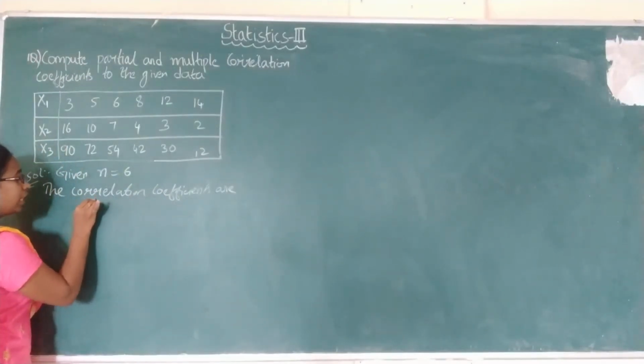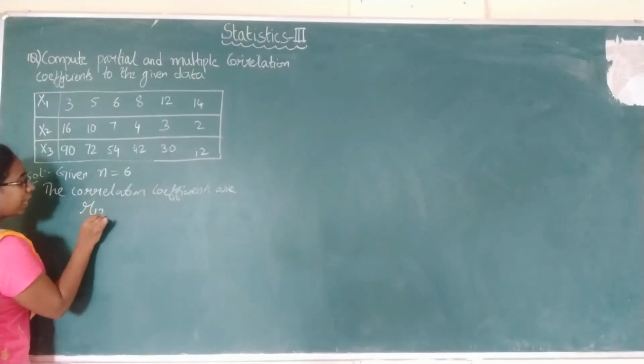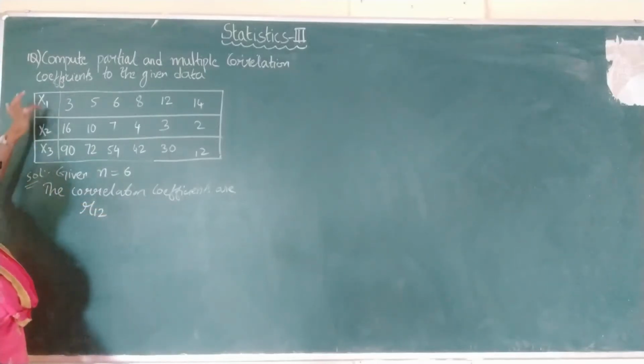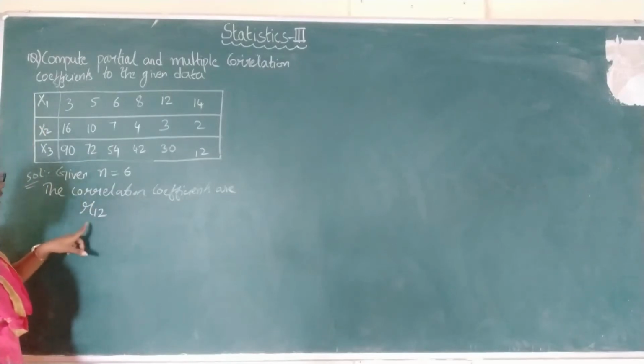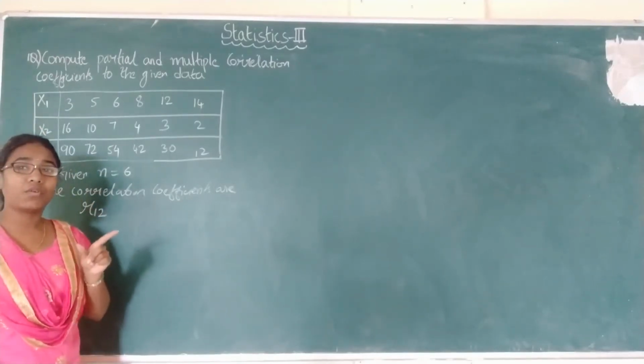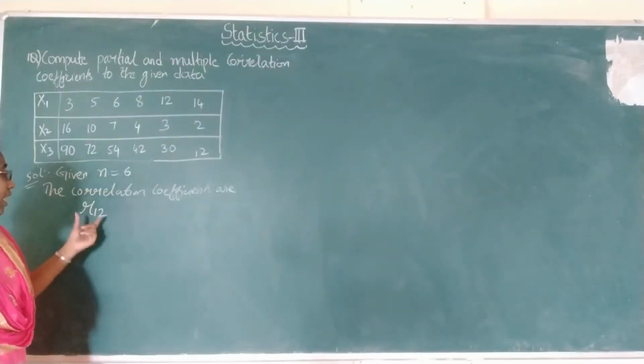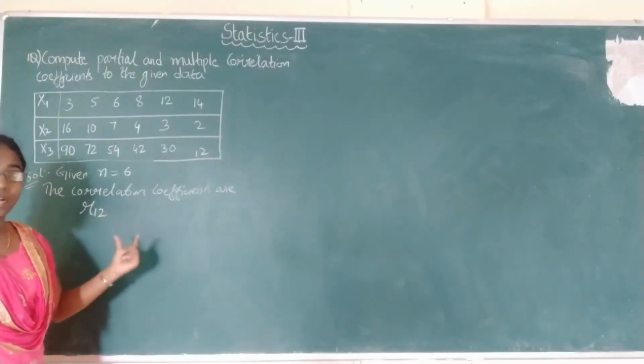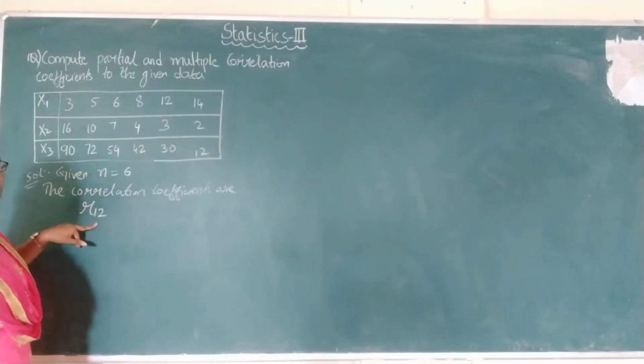First, the correlation between x1 and x2. That is denoted R12. Generally you write R of x comma y; similarly, R of x1 comma x2 is given as R12.